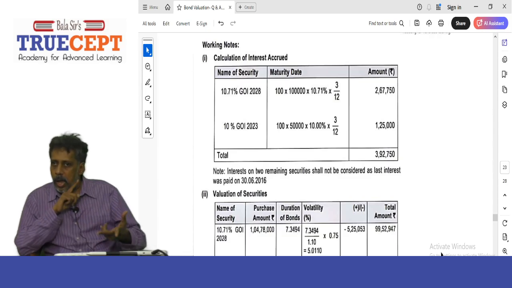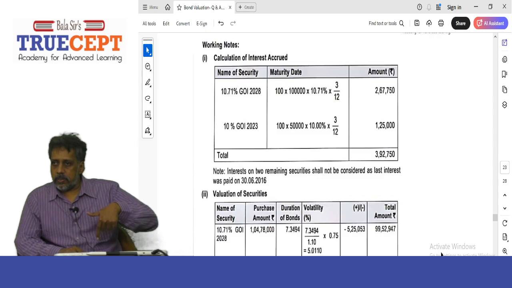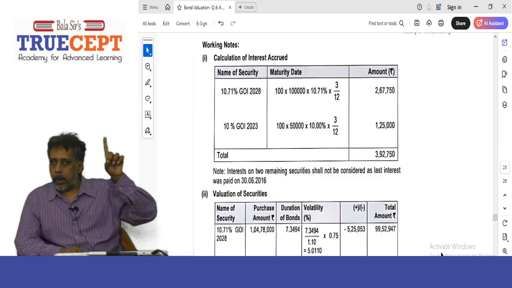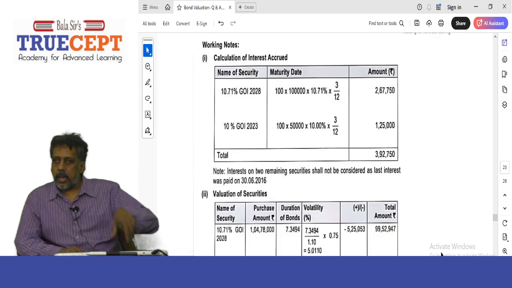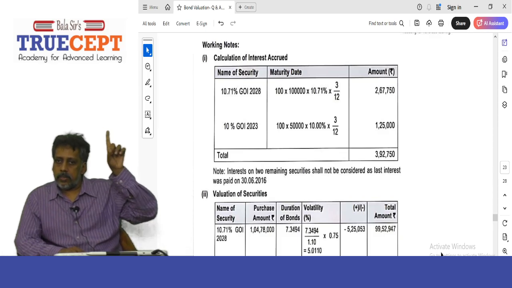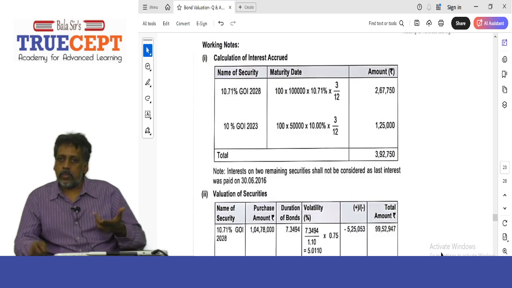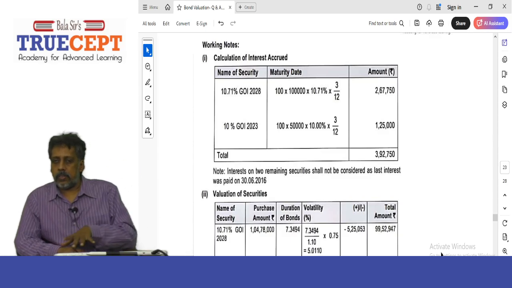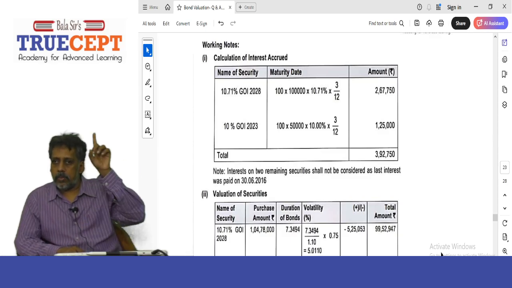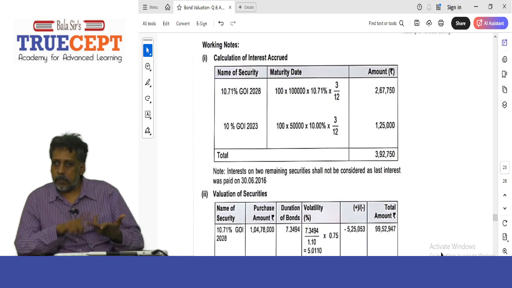Face value rupees 100 each. 1 lakh bonds into rupees 100 per bond, into 10.71 by 100 is the rate of interest, into 3 months, April, May, June 2016, 3 months interest accrued, into 3 by 12. How much do we get? We get 2,67,750.